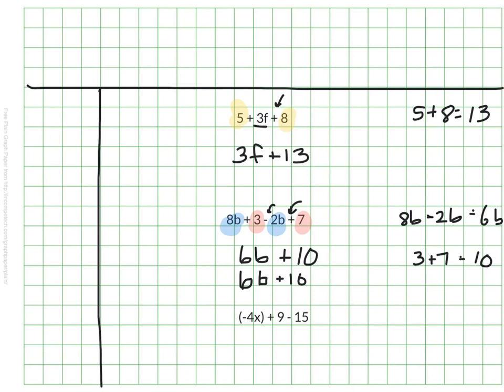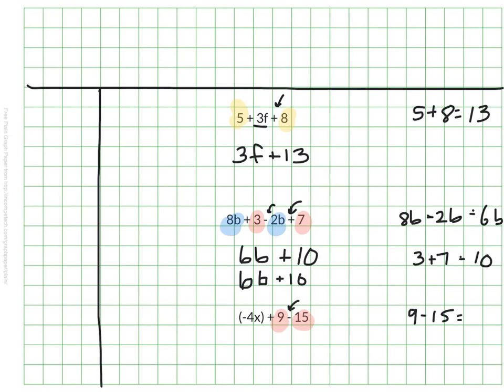In our next one, it looks like we have negative 4x, but I don't see anything else with an x. So I do have two constants, 9 and 15, that I have to worry about combining. But it's going to be a subtraction, because that's the operation I see there.